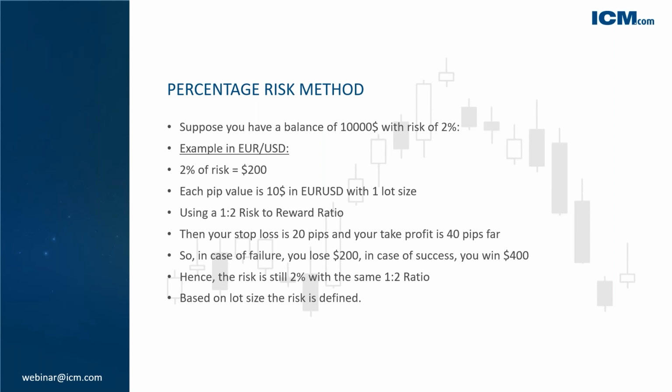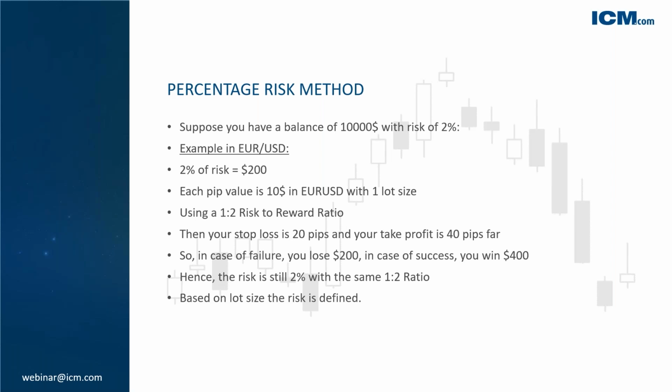If the market goes against you, you lose $200, and you make $400 if it goes in your favor. Both are equal. All of this is based on the lot size. The risk is defined, so if you want to increase the risk to 2, 4, 5%, it depends on you and how you take the risk.